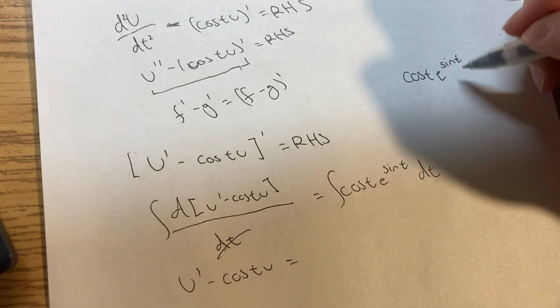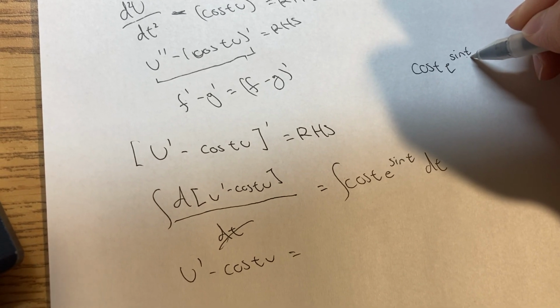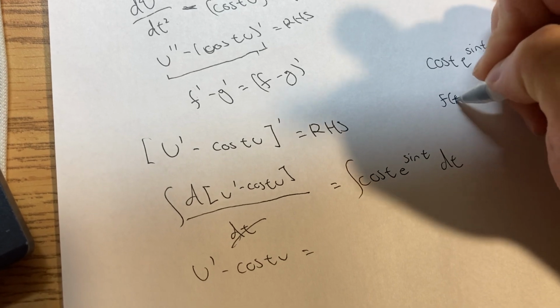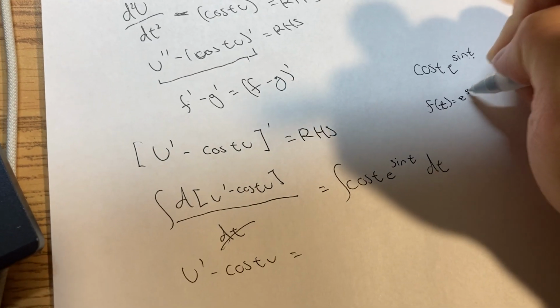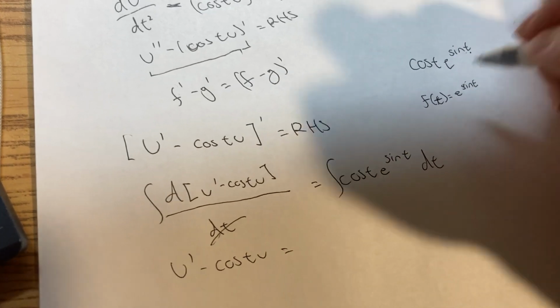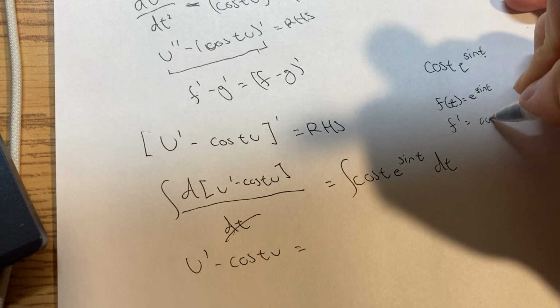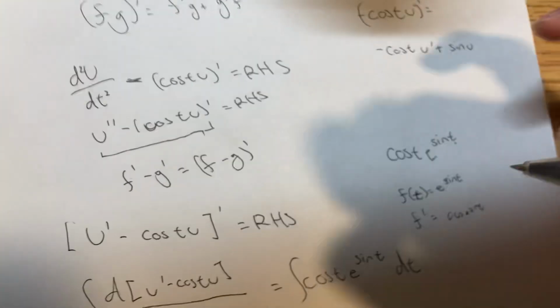Right off the bat, we can see that cosine is the derivative of sine. So let's hypothetically say some function of t is equal to e to the sine t, the derivative of this would be equal to cosine e to the sine t. Sorry, my handwriting got really bad there. Let me try to make that better.